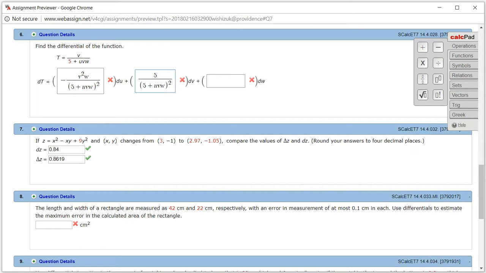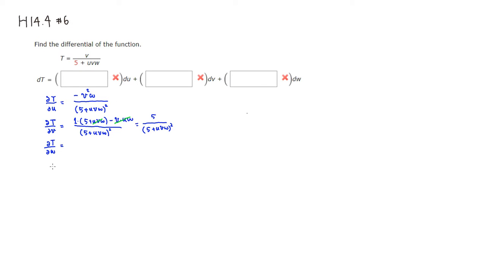All right, then last component is partial with respect to w. So this is really the same thing. You have a 5 plus uvw, square that. And a partial of v with respect to w is 0, so it's going to be times denominator is still 0, minus, you have v, and a partial of 5 plus uvw with respect to w would be uv, so it's going to be uv squared.